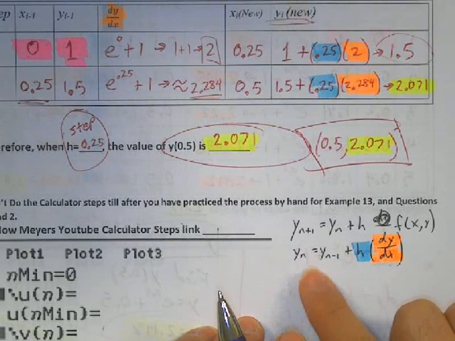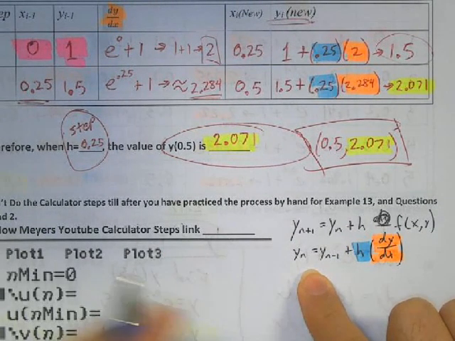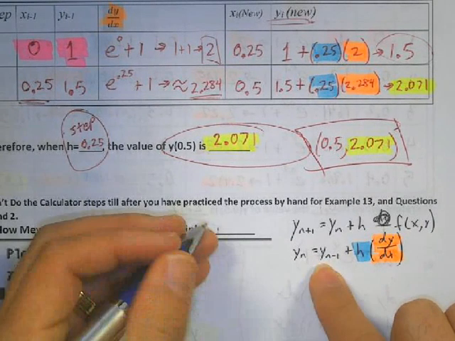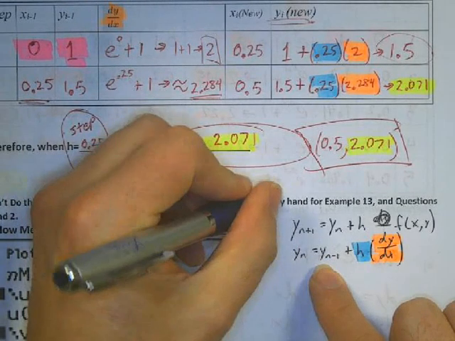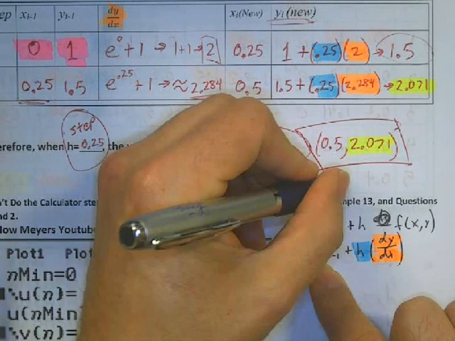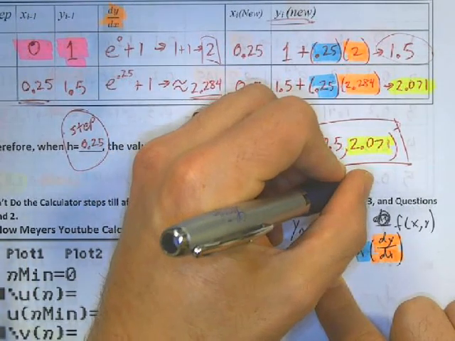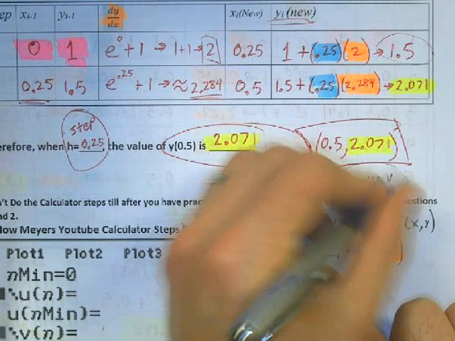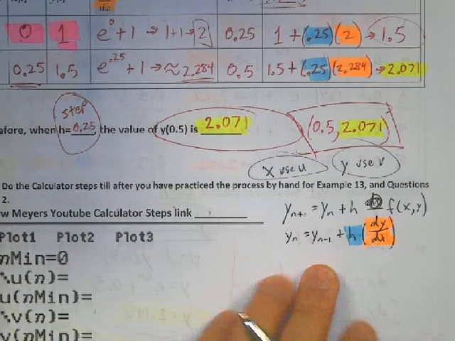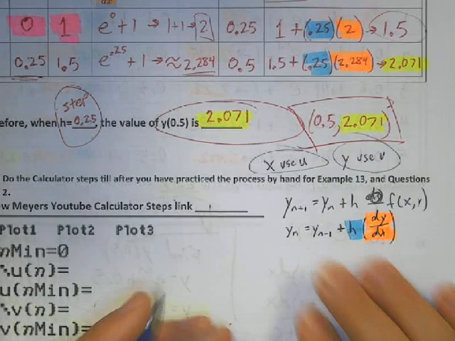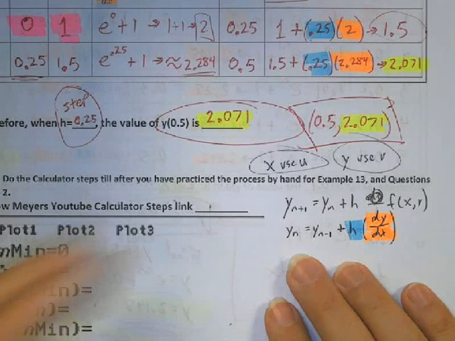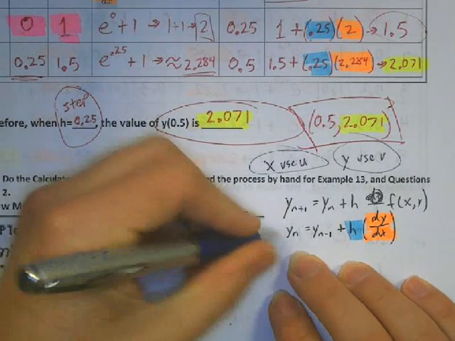Okay, and then on the calculator, as Ms. Castro said, for x they use u, and for y they use v. So how I'm going to write this is, this is y, right?